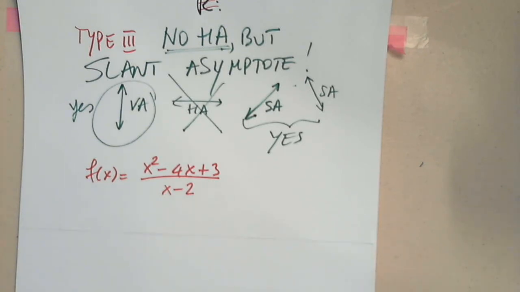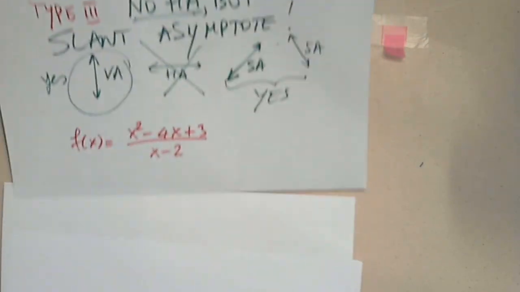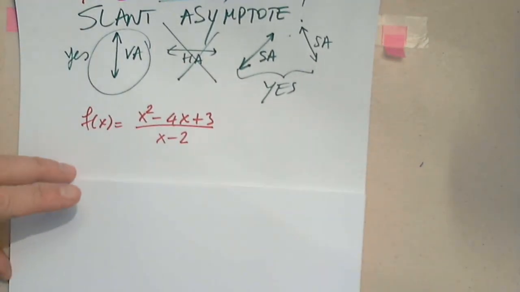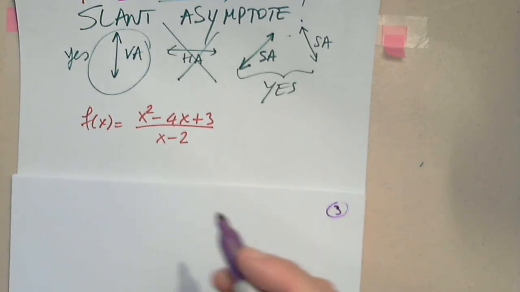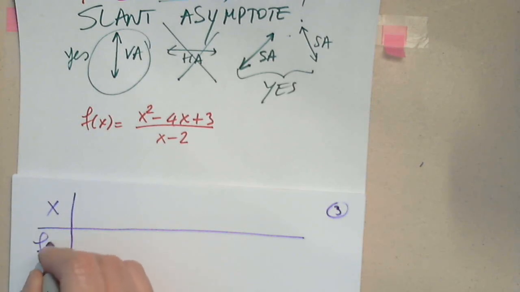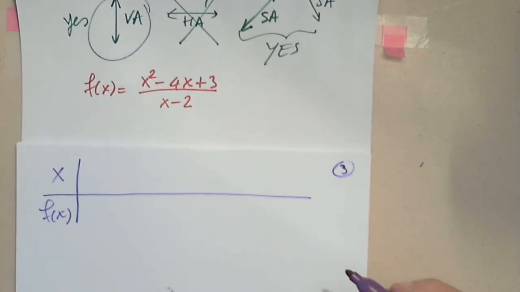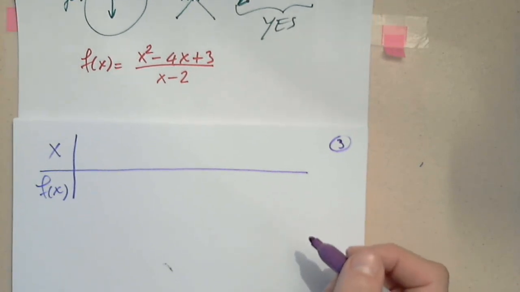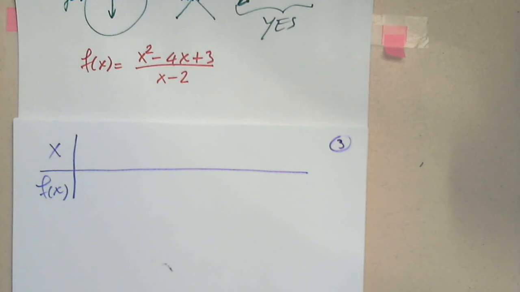Type 3 indeed. We always start with the domain. Awesome. Can anyone give us the domain of this function?